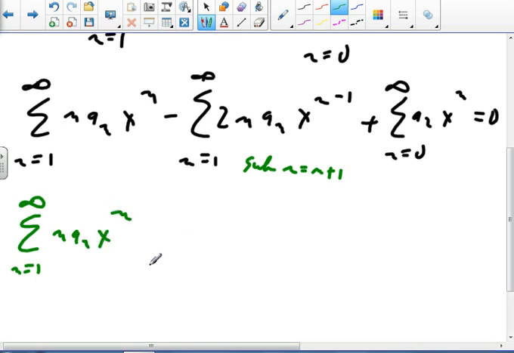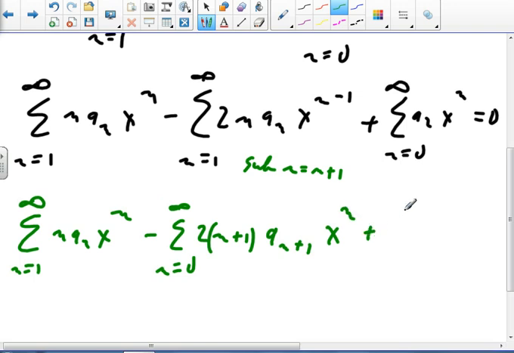Remember to always start at the top of your paper when you're solving a problem like this, and you may want to go get some legal paper so you don't run out of room. Minus summation n equals 0 to infinity 2 n plus 1 a n plus 1 x to the n plus summation n equals 0 to infinity a n x to the n equals 0.